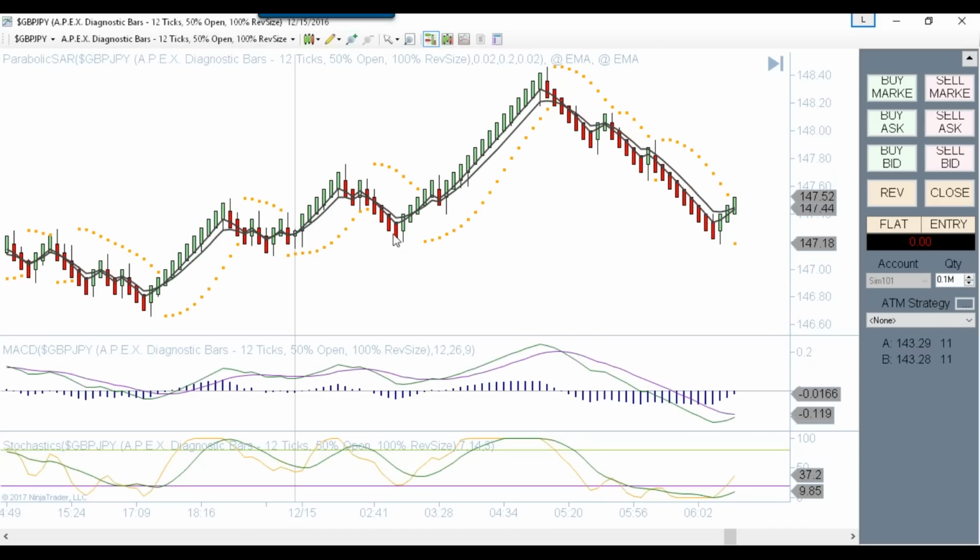When it did come down here, it didn't even break these previous lows. See, the market made a high, then a higher high, then a higher high. And when it made these lows, even though this was a pretty good move down, it didn't break lower than these previous lows. You see that? And it was still making highs.